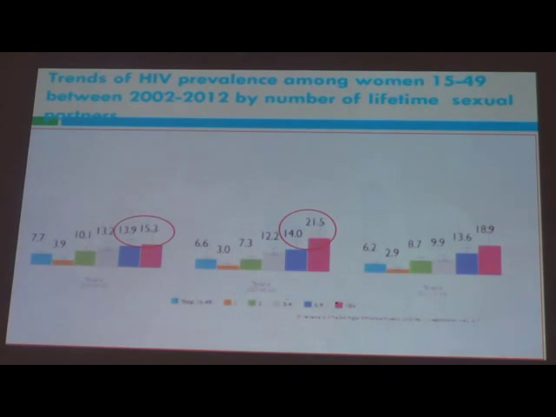Among those who reported the highest number, it increased from 15 to 21%, and there is a slight reduction during the 2011 survey to 18.9%. So while the national average is at 6.2, you still have around 19% of them with HIV.